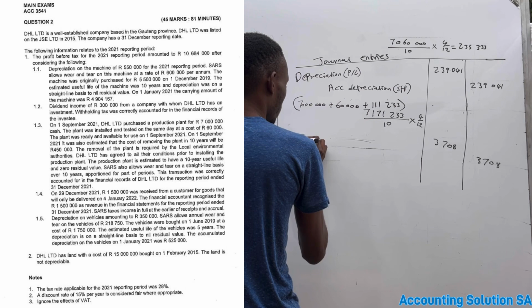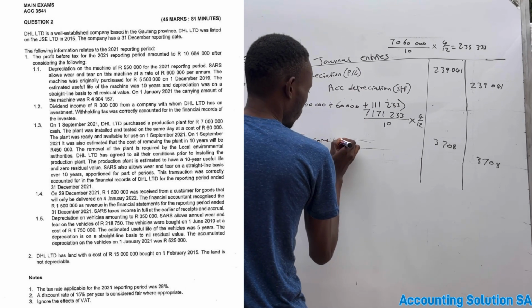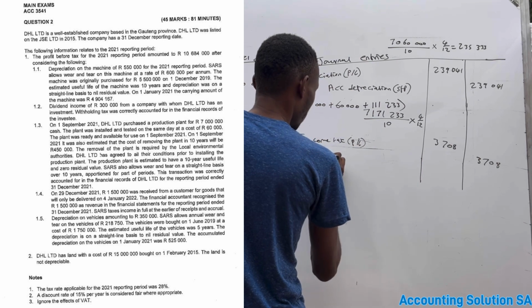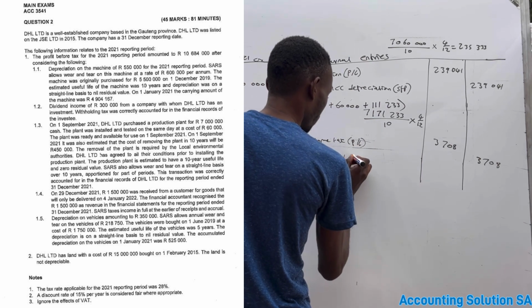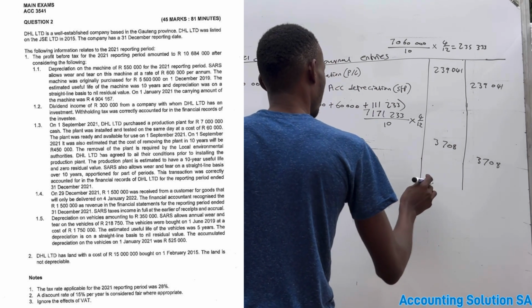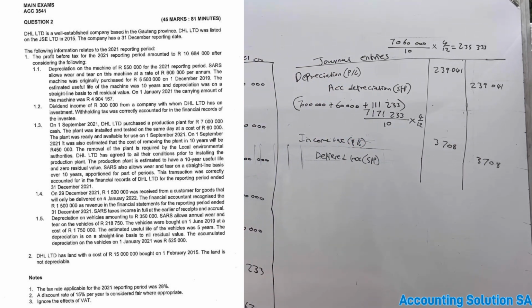So it's income tax in P&L and deferred tax in SFP, just like that.